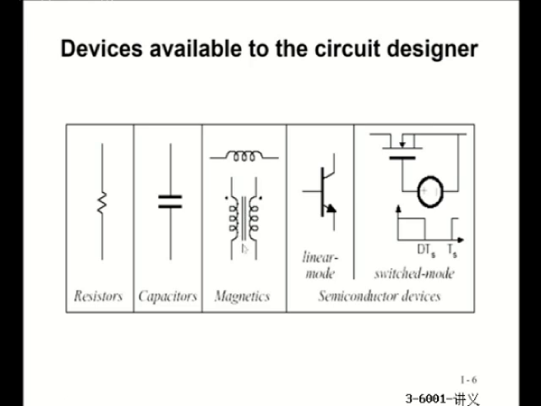We don't want to use magnetic components. The reason is that in silicon chips, it's hard to integrate magnetic components. We can integrate resistors, capacitors, and transistors in ICs, but so far we're not able to integrate magnetics into silicon chips.